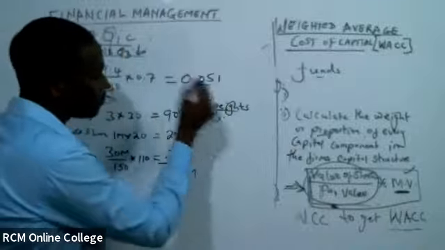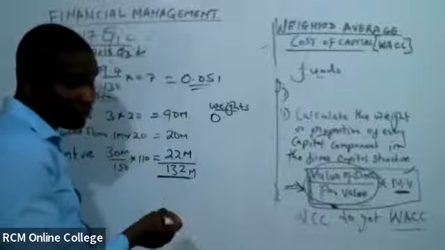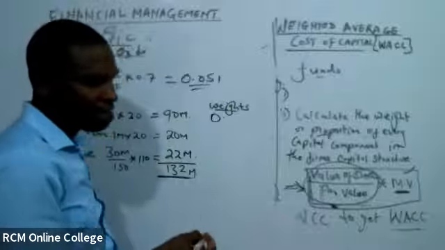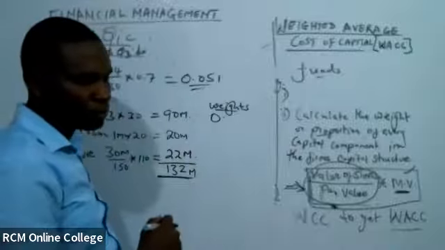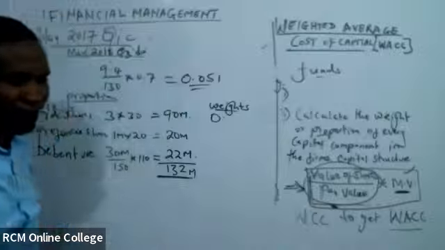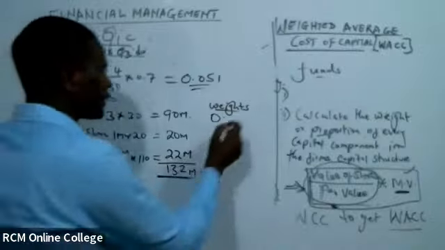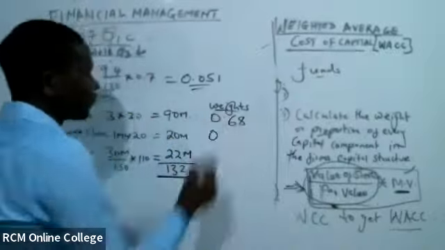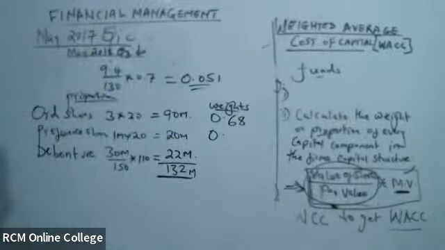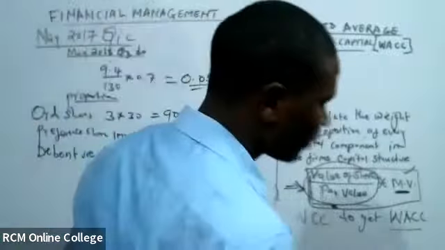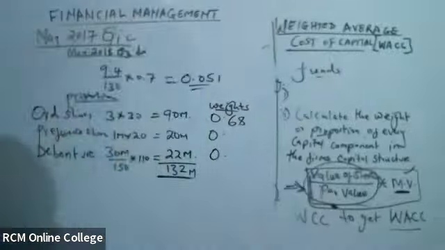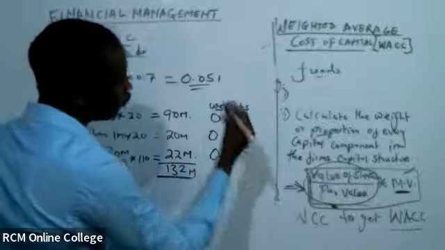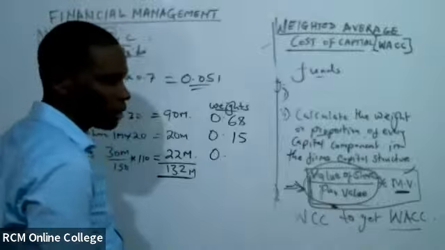Nipatia kwanza 0 point. 90 divided by total. 0.68. Twende na 2 decimal places. 0 point 15.